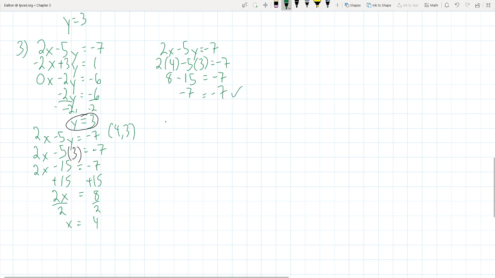I'm going to try the other one. Negative 2x plus 3y equals 1. So negative 2 times 4 plus 3 times 3 equals 1. Negative 2 times 4 is negative 8. 3 times 3 is 9. Negative 8 plus 9 is 1. That equals 1. Awesome, it works out.